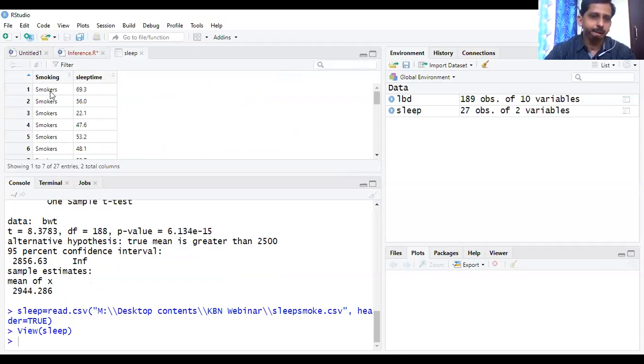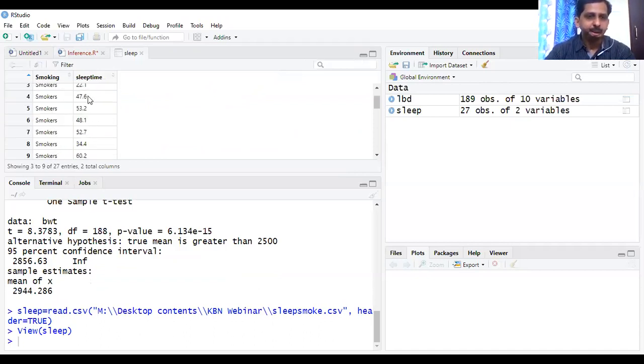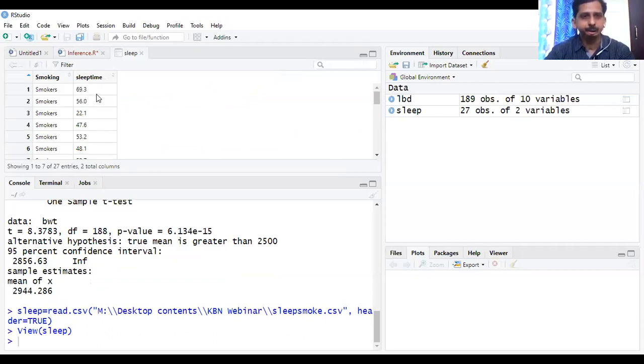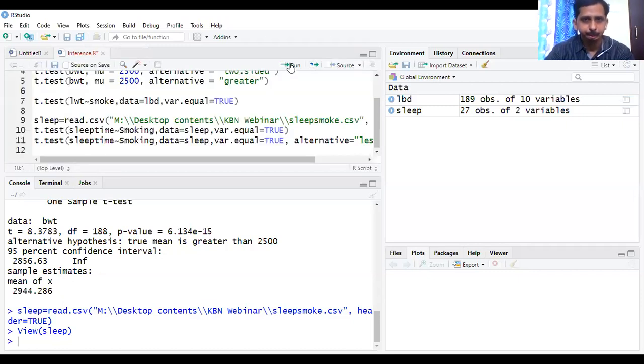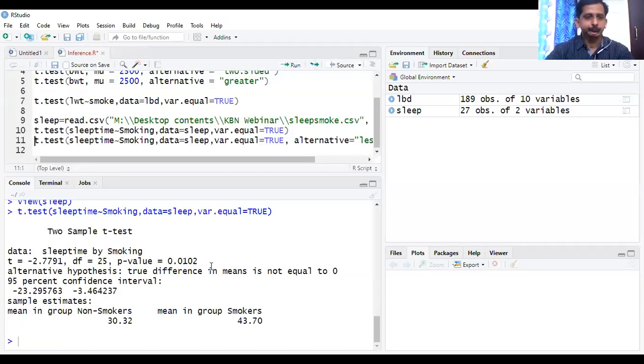This is the smoker group and this is the non-smokers group. Sleeping time, this is in minutes. Okay, 69.3 something. Now when we do that, assuming equal variance, I get this.